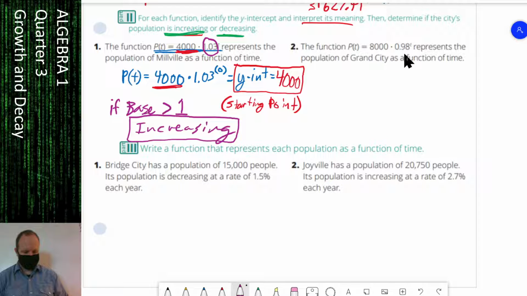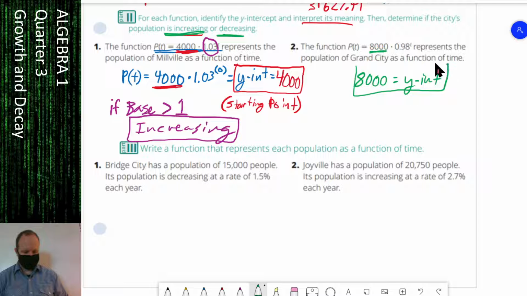Which one of these numbers is our y-intercept? 8,000. So right away, take that number that's by itself, not raised to anything. That's your y-intercept.